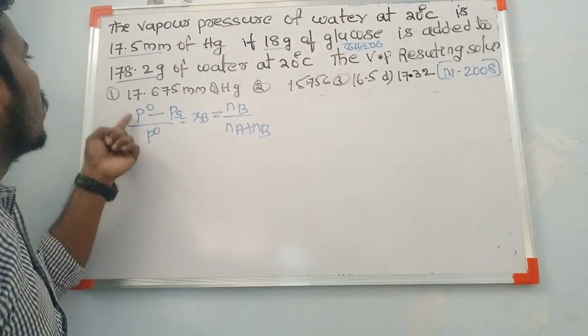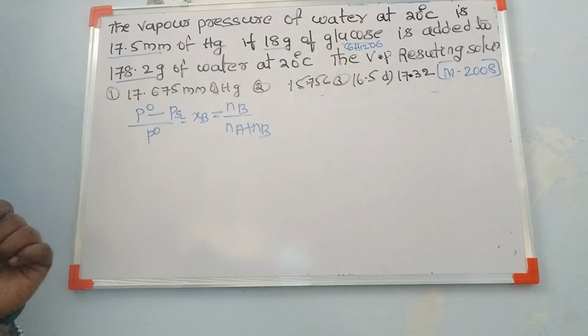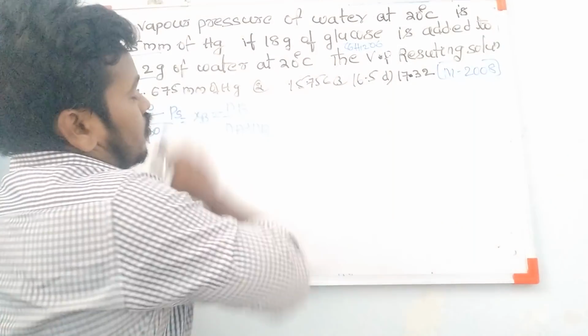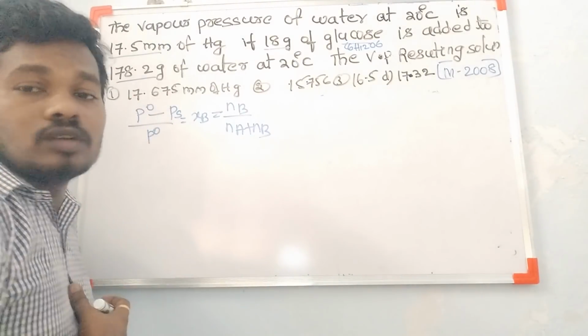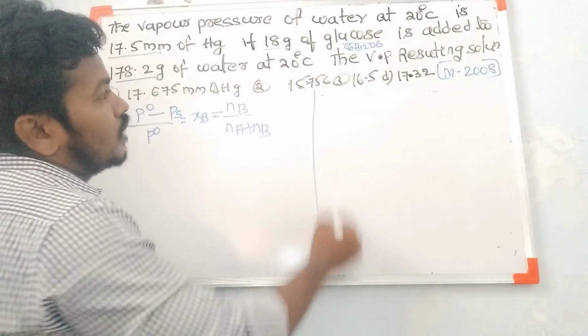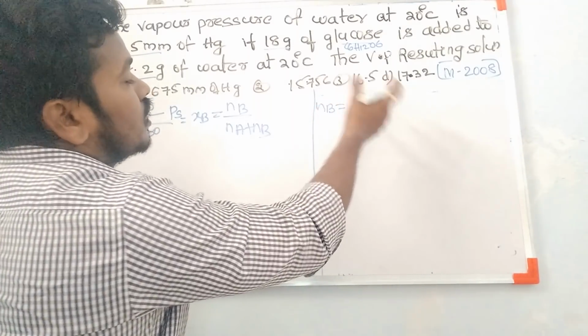P naught we know, 17.5 mm. So we have to calculate the solute moles and the solvent moles. Solute NB is weight by molecular mass.